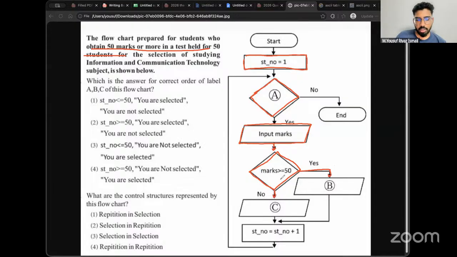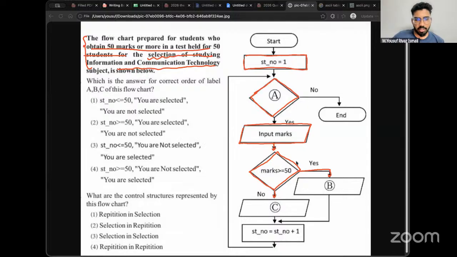Now, if they have got marks of 50 or more, as per the question, are they selected or not selected for studying ICT? As per the paragraph, if a person has got marks more than or equal to 50, they are selected.